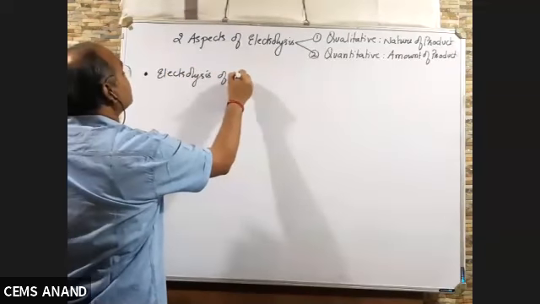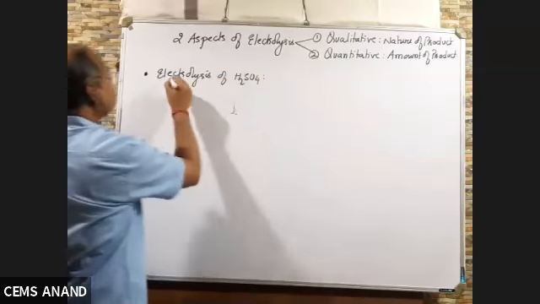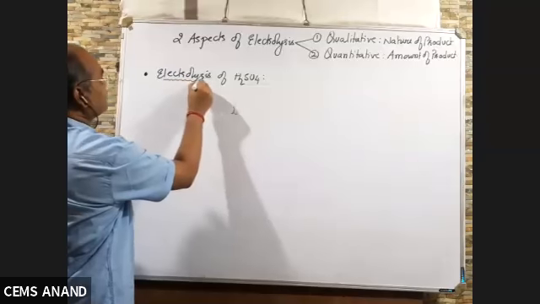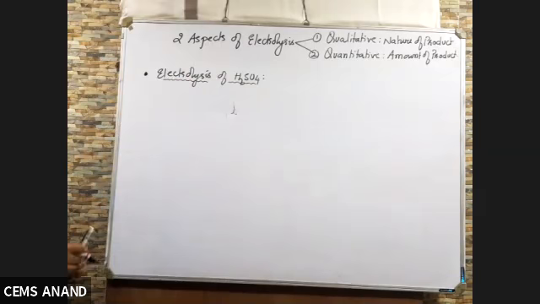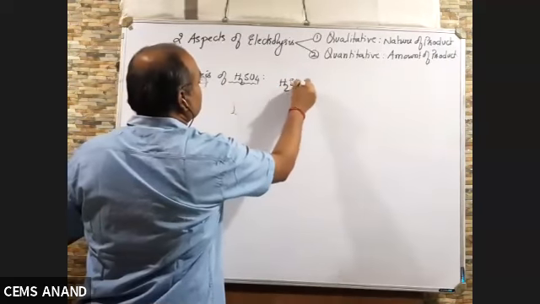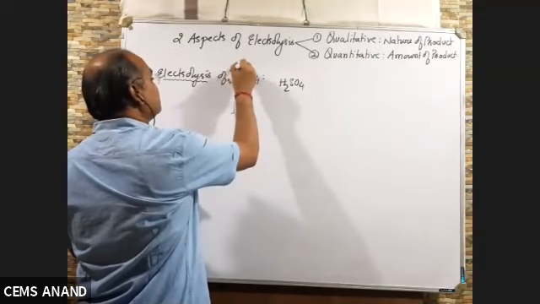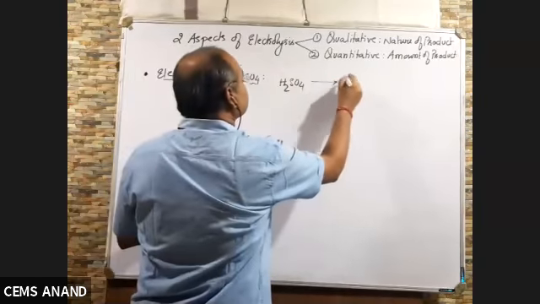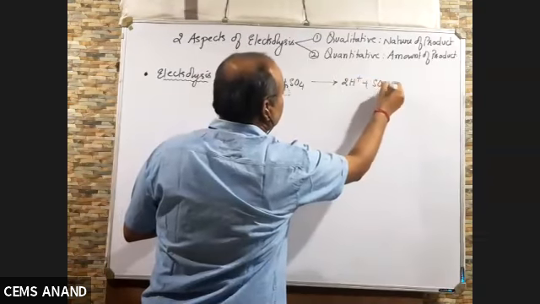Electrolysis of H2SO4. Now, when we carried out electrolysis of H2SO4, you know, it is actually aqueous H2SO4. H2SO4 gives 2H plus plus SO4 2 minus.